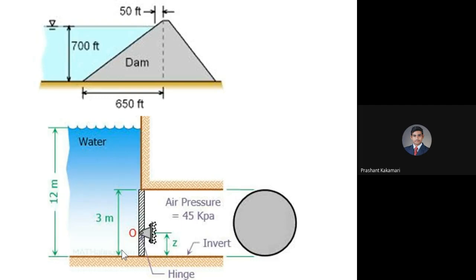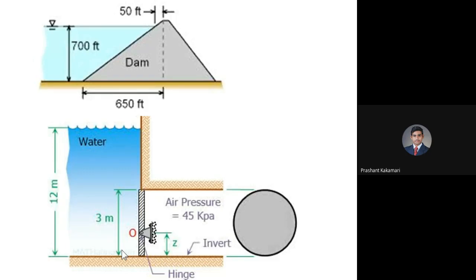If you go down, the pressure at the lower point will be very high. If I go below 700 feet, it will be maximum. If I go in between, it will be half. So like that, the pressure or forces on the surface of the dam change from lower to higher as you go deeper.